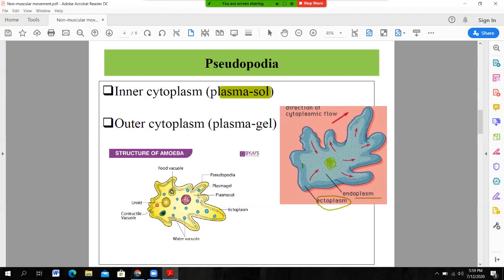The outer cytoplasm, the ectoplasm, is called plasma gel, a gel-like structure. Gel means the fluid is less and the structure is more jelly-like. So plasma gel is more gel-like, and plasma sol consists of a more fluid portion.